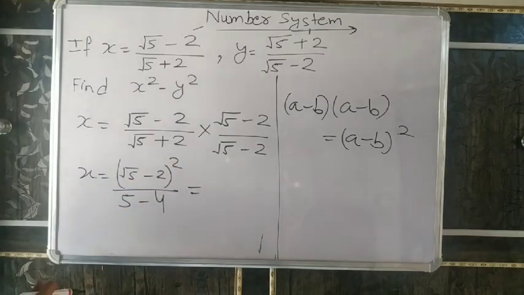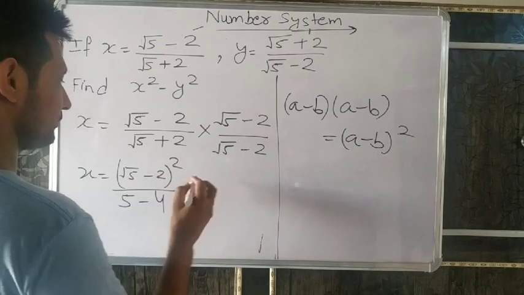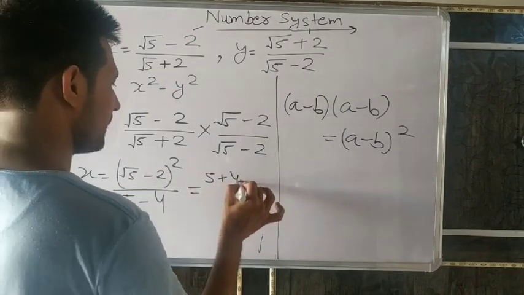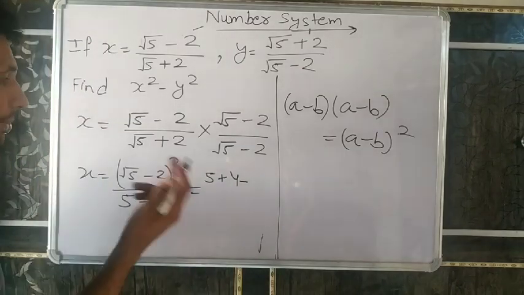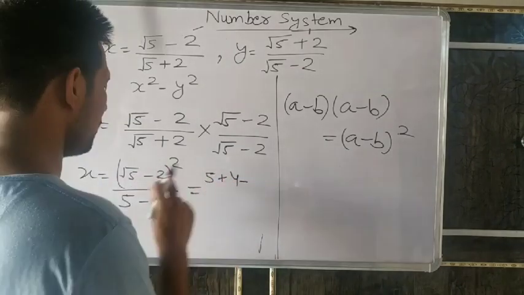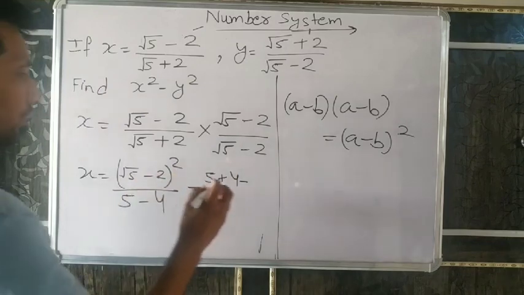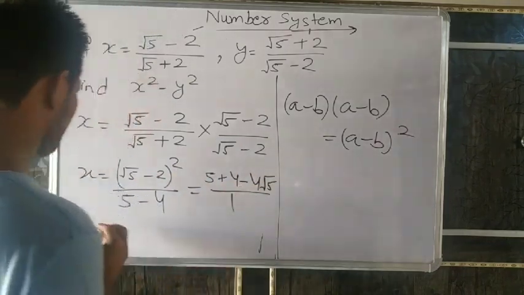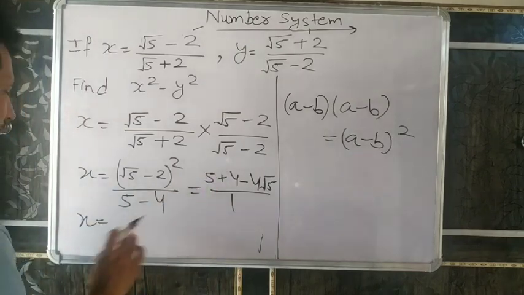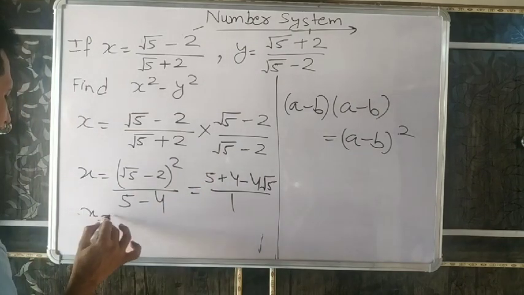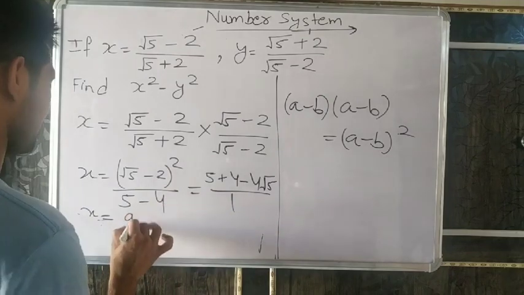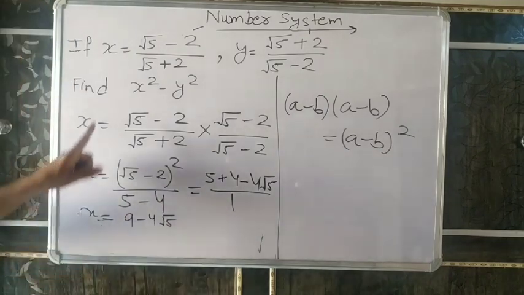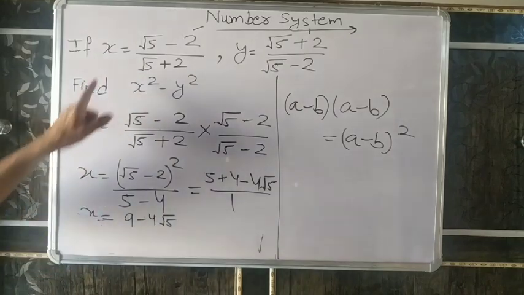A minus B whole square: A square 5, plus B square 4, minus 2AB. 2AB, 2 into 2, 4, 4 root 5, divide by 1. So x equals 5 plus 4, 9, minus 4 root 5. Do you understand? First rationalize the x. So what is x? It is given x.